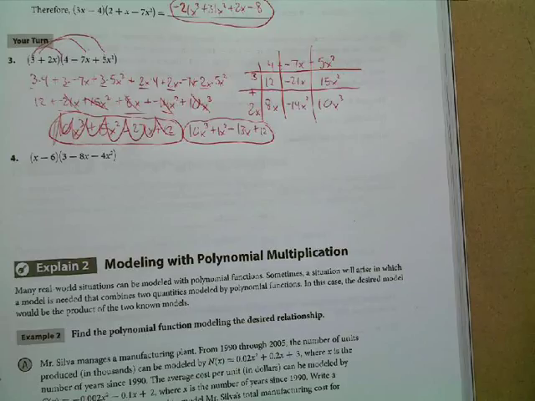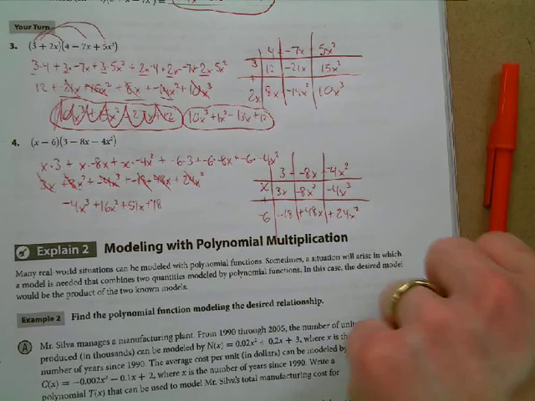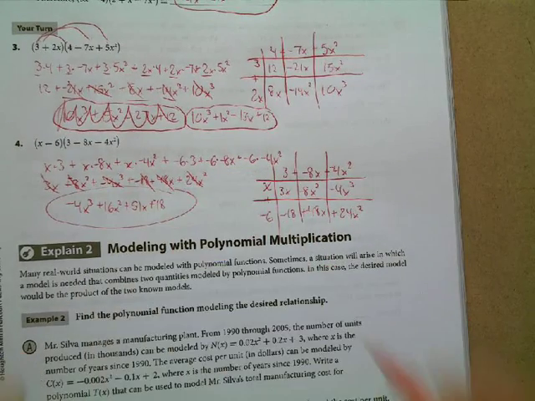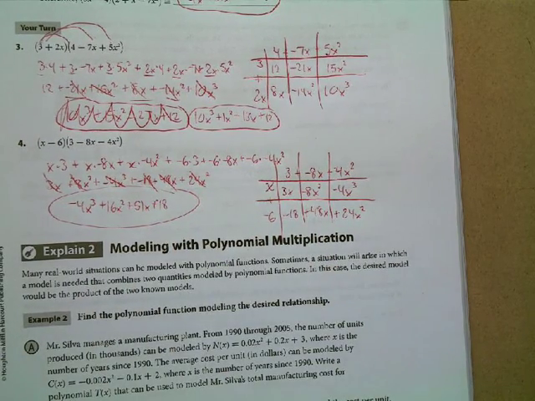I did it both ways that you could see there. So negative 4x cubed plus 16x squared plus 51x minus 18. So the distributive method, and then also the table. Whatever you want to do, as far as organization, it's up to you.